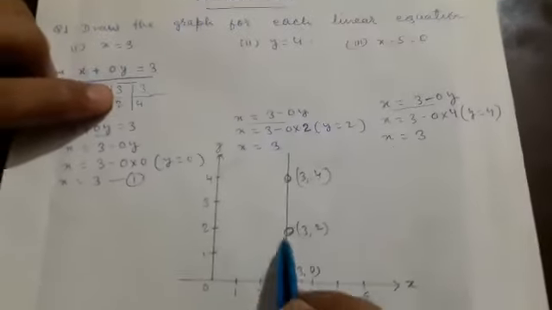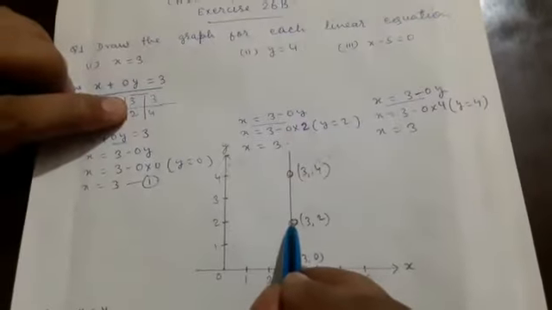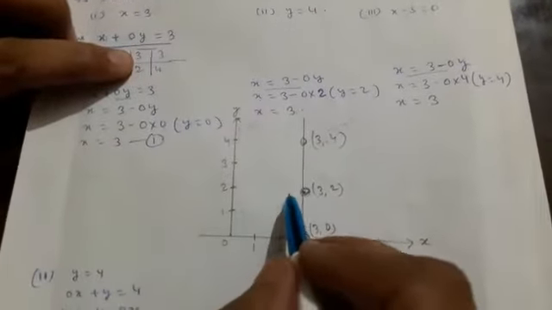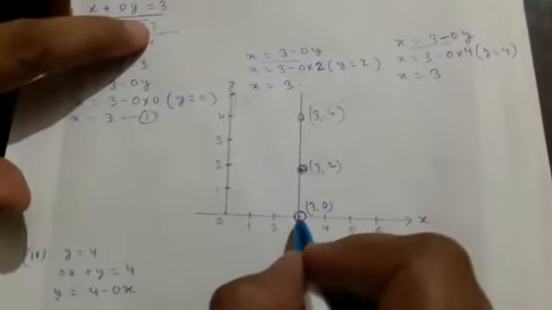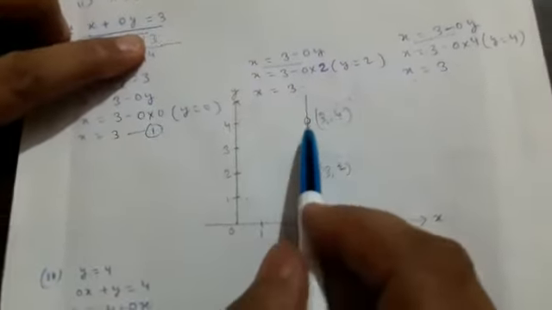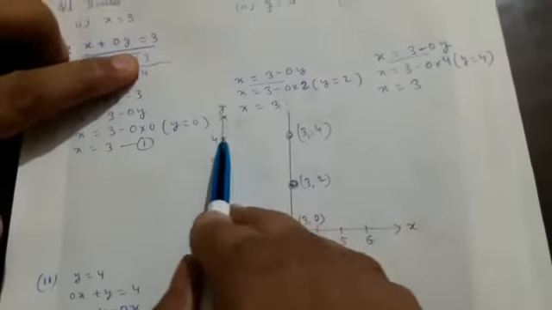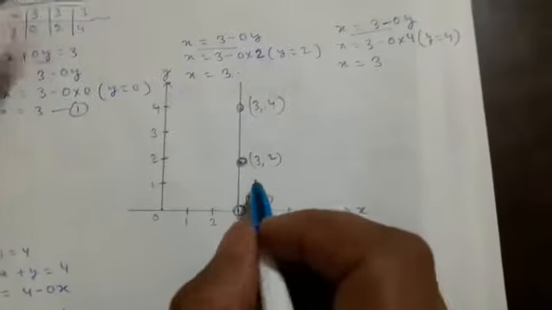So the corresponding value we will take as 2 here, and put one dot. And when x is 3, then y is 4. Here is 4, and then we will make a line with the help of a scale. This will be the graph for this equation.